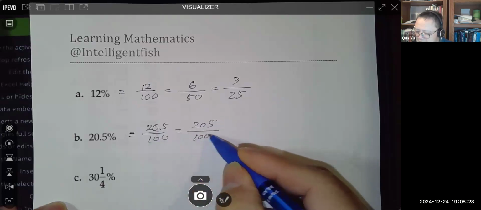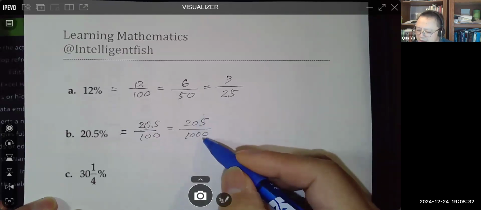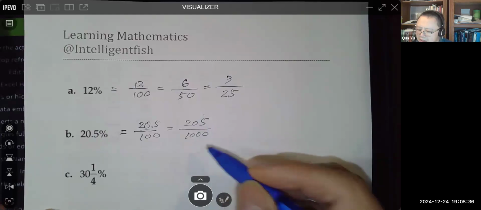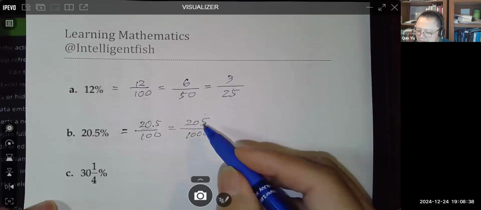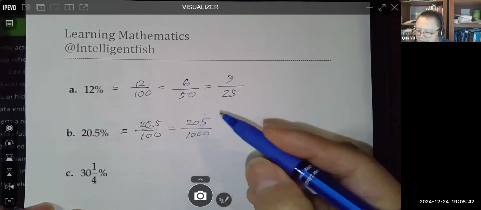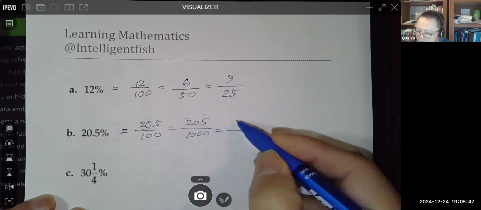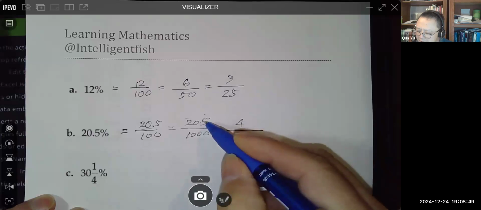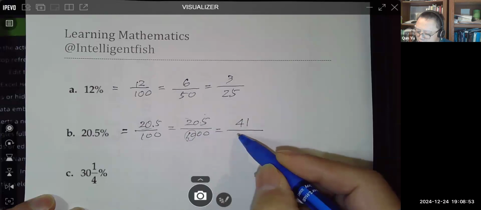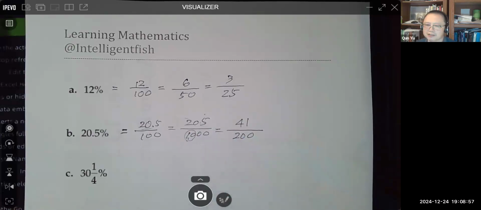So one more digit to the right. Now we want to reduce this fraction. Both numbers can be divided by 5 because any number with an ending digit of 5 or 0 can be divided by 5. So let's just divide by 5. 20 divided by 5 is 4. 5 divided by 5 is 1. And 10 divided by 5 is 2. So the other two are zeros. So that's our final answer.